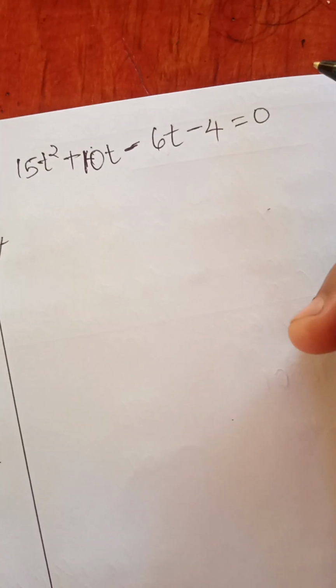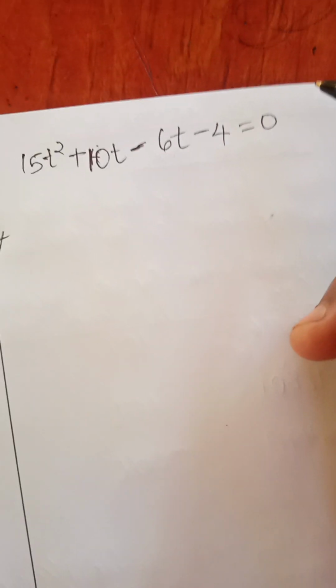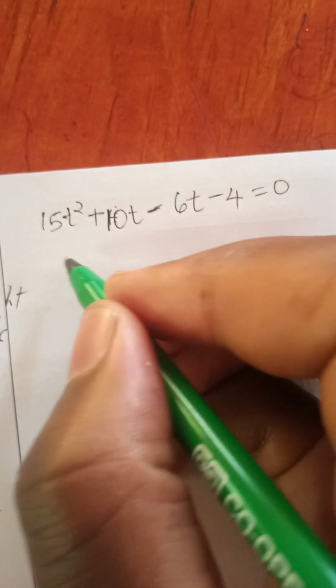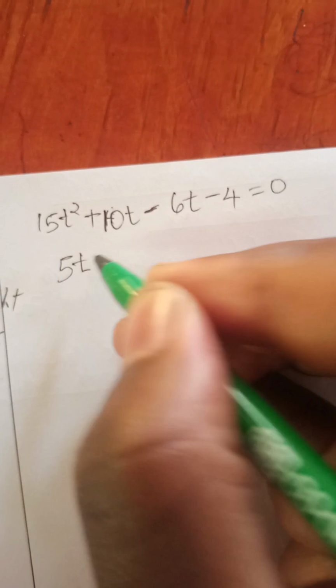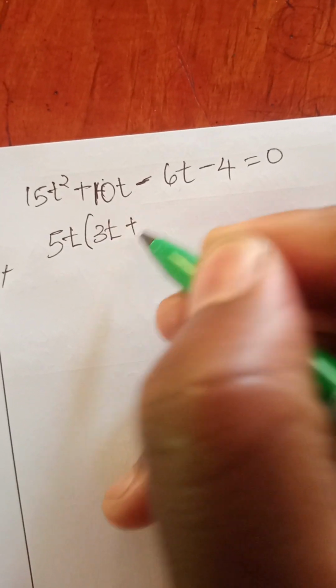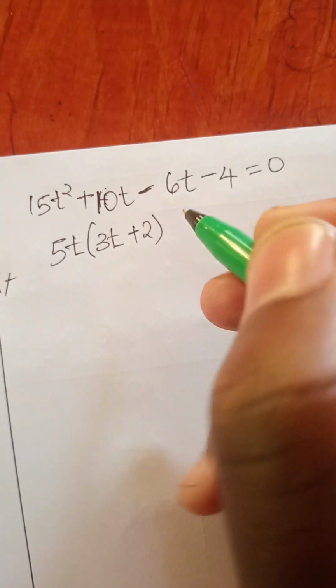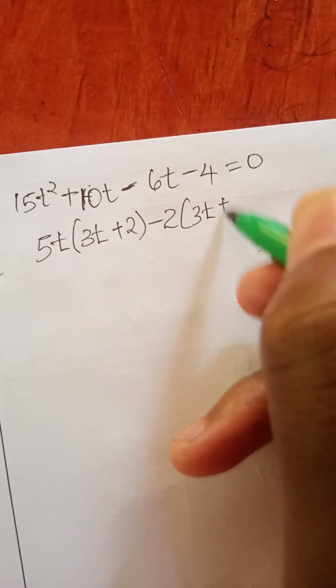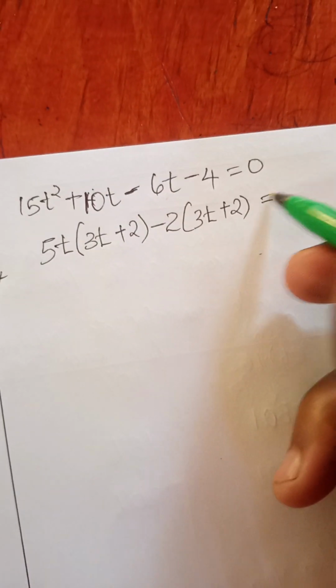So that is 15t squared plus 10t minus 6t minus 4 is equal to 0. So that if you factorize now, 5t is common, open the bracket, you will have 3t plus 2, then minus 2 into 3t plus 2 is equal to 0.